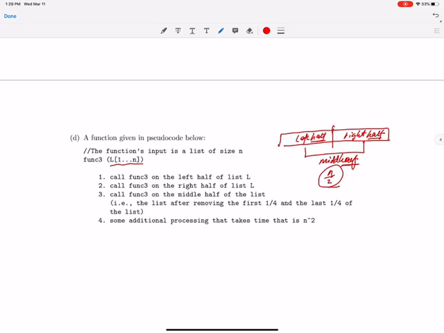We don't know the details, but we know the amount of time taken here is n squared. So what's the overall running time for the whole function call?